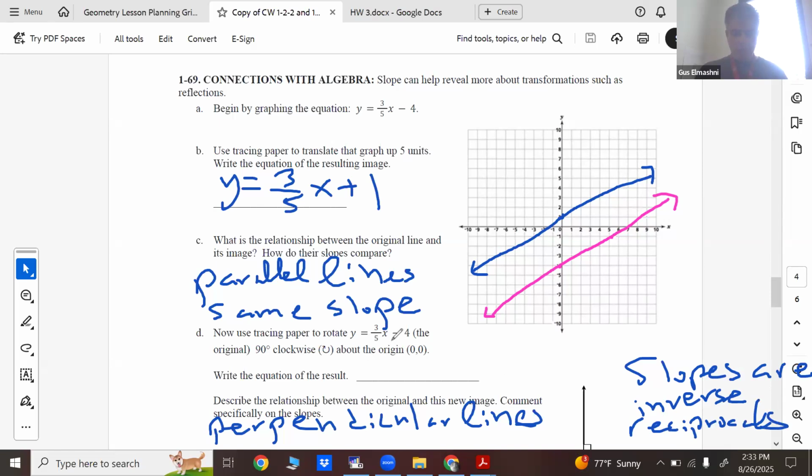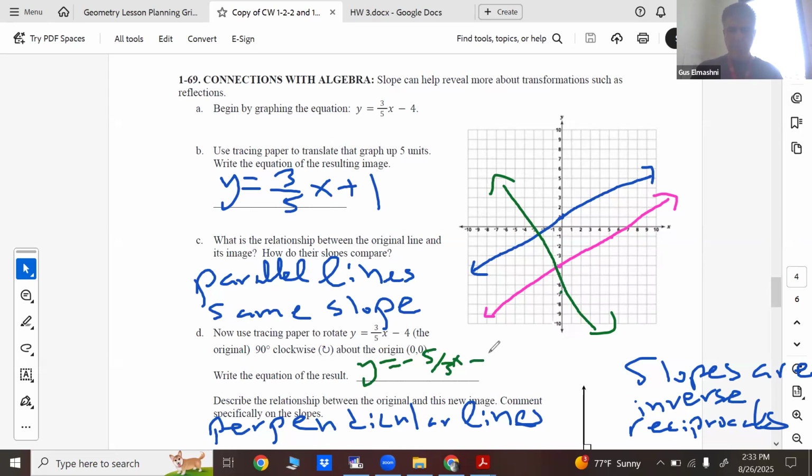So the line should look something kind of like this. Use green. So if you rotate, it should look kind of like y equals -5/3 x.